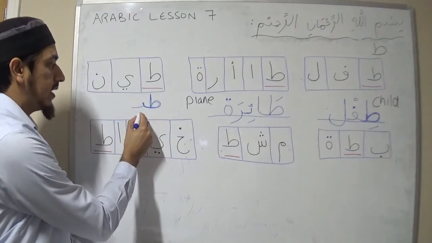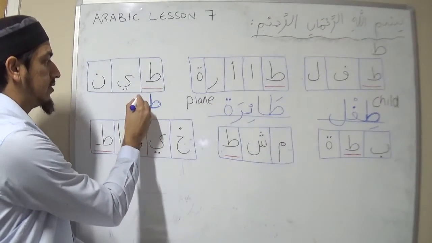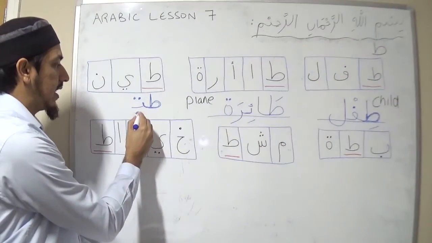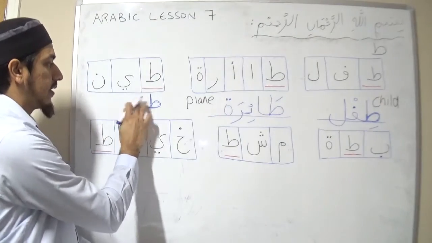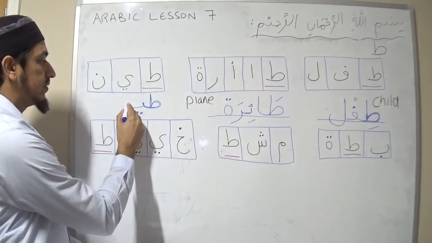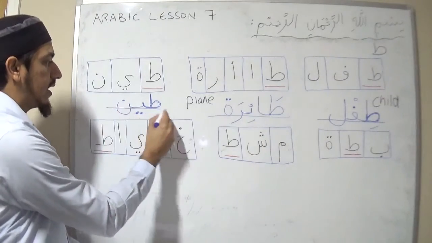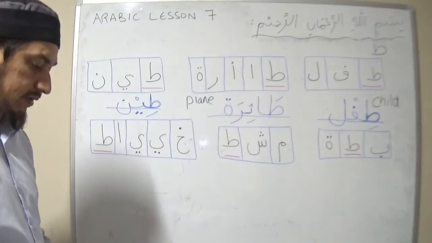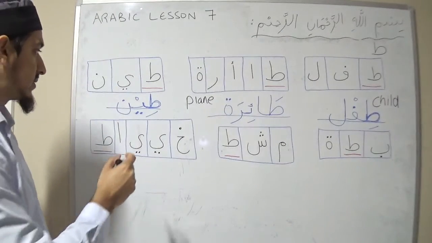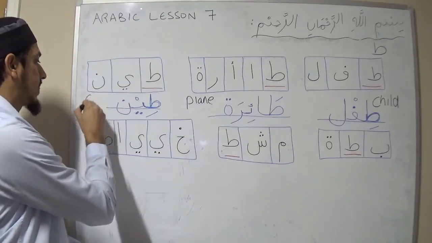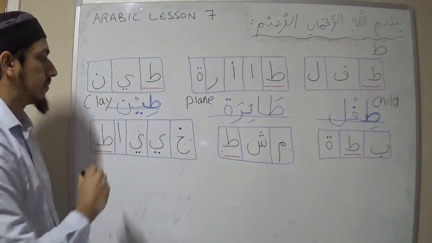You can make it a ba, you can make it a noon, you can make it a ta, you can make it a ya. And that's what we want, the ya. And it finally joins on to the noon, and the noon is the one that will go underneath the line. Teen. And teen, as I just said, is not fig, but clay.